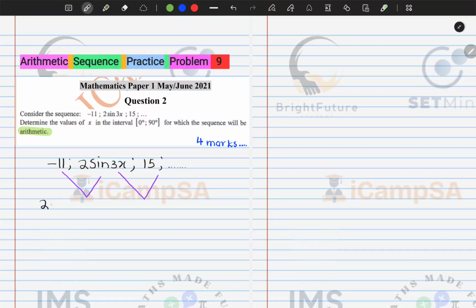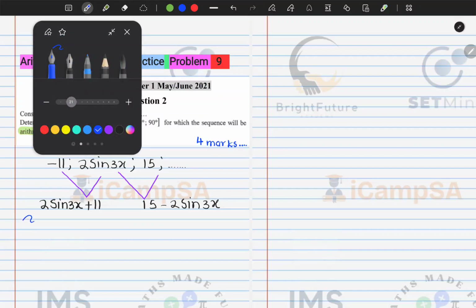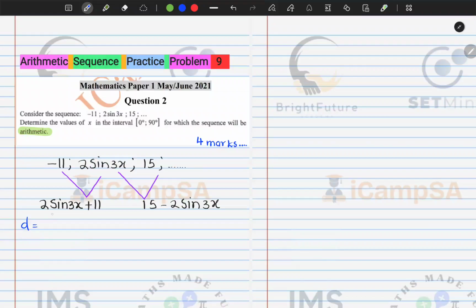So if you look carefully, I'll have 2 sine of 3x. When we minus negative 11, it becomes positive 11. Then I'll have 15 minus 2 sine of 3x. So what do I know? I am supposed to have a common difference.